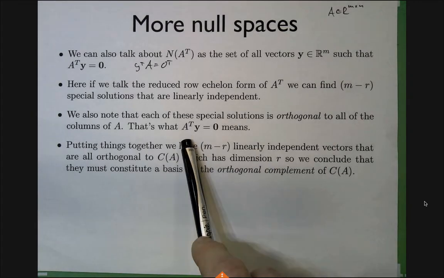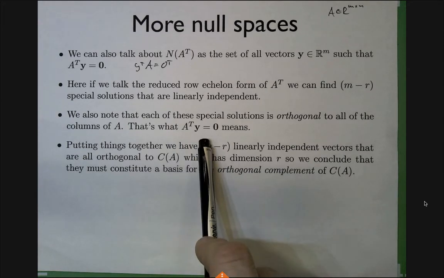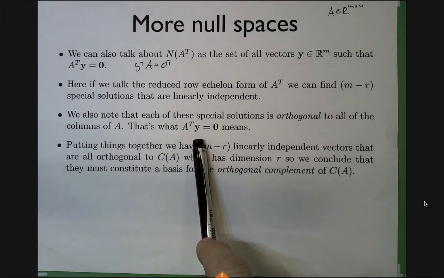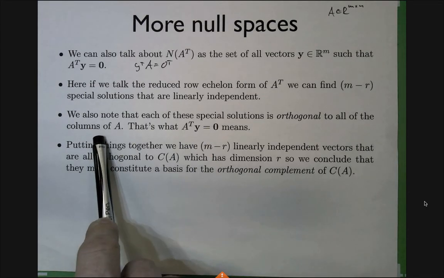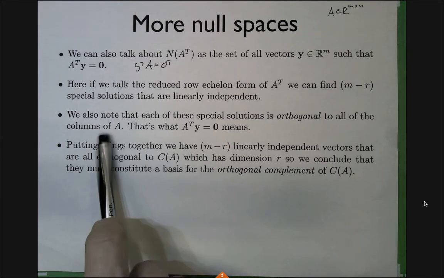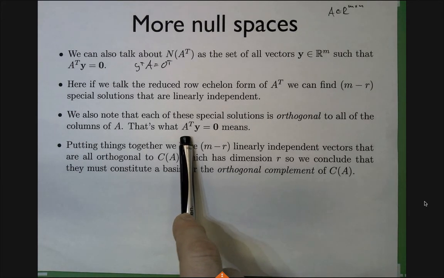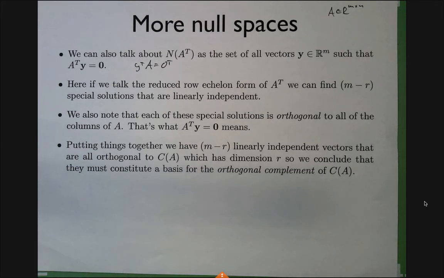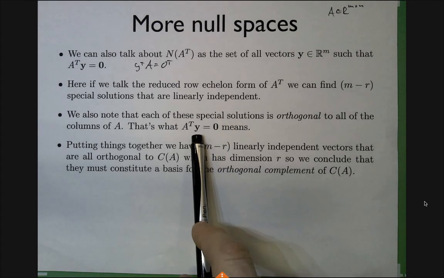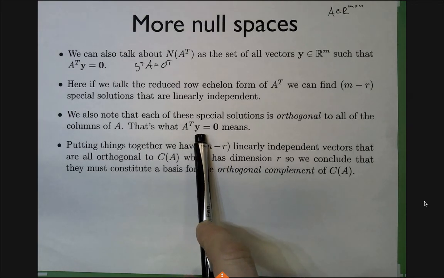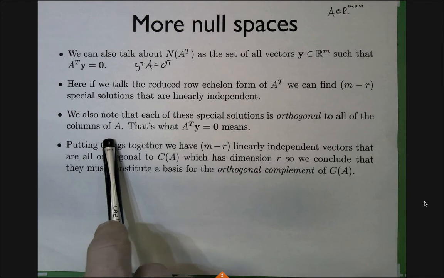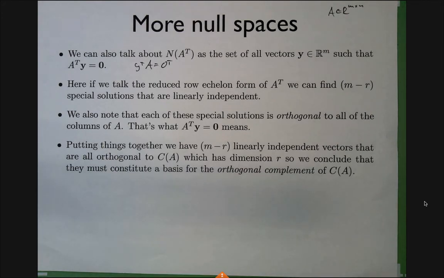And just like before, what does A^T y equals 0 mean? Well, that means that y is orthogonal to all of the columns of A. Because now I have A^T here. Normally it would be the rows of A^T, but those are columns of A, right? So any y from the left null space is orthogonal to the column space of A, because it's orthogonal to all the columns.